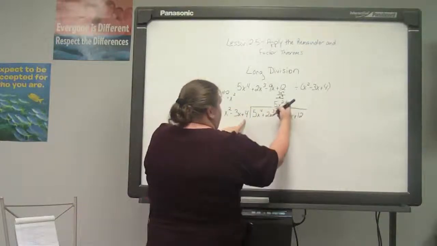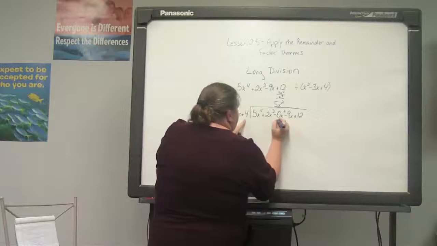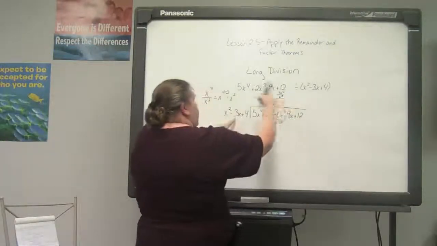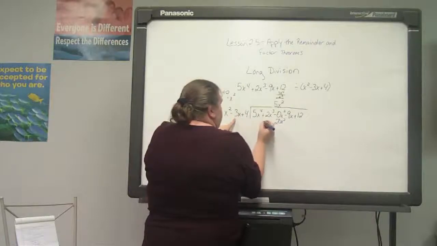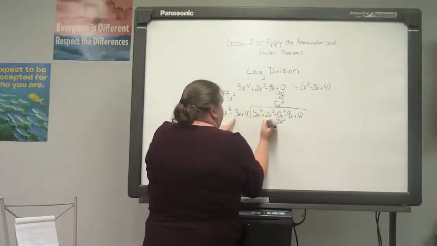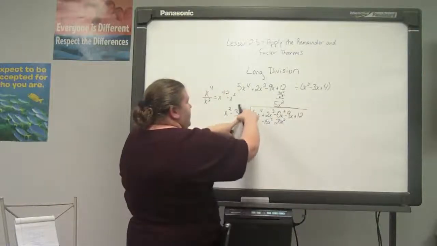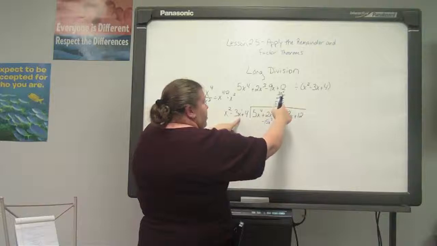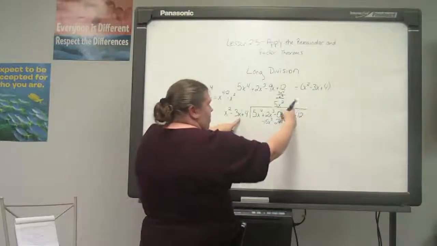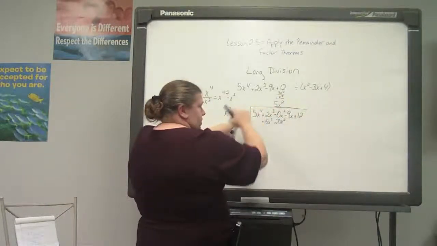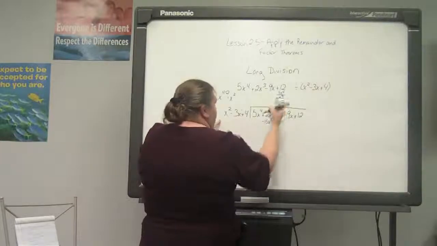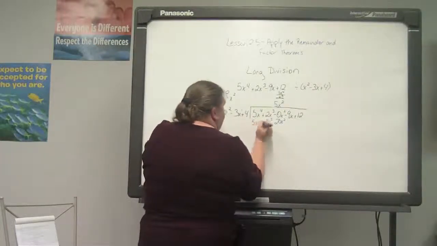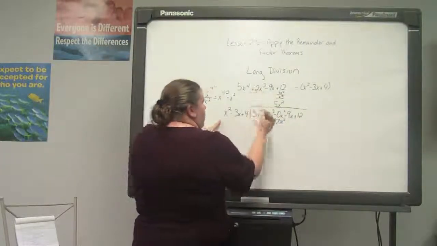And so we have 5x squared times 4 is 20x squared. 5x squared times the negative 3 is a negative 15x cubed. Now remember, because this is x to the 1st, what we do is we add the exponents, so 2 plus 1. And then we have 5x to the 2 plus 2 power.